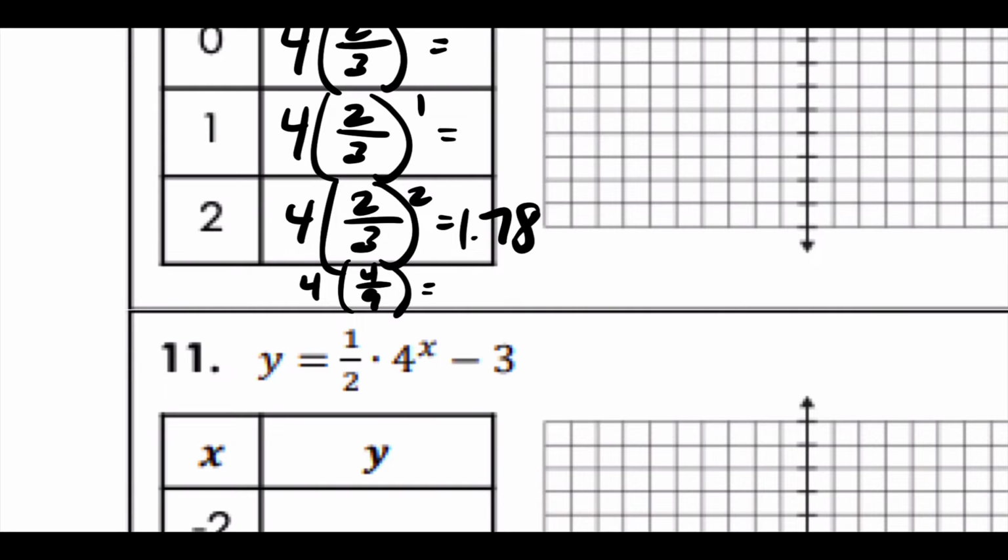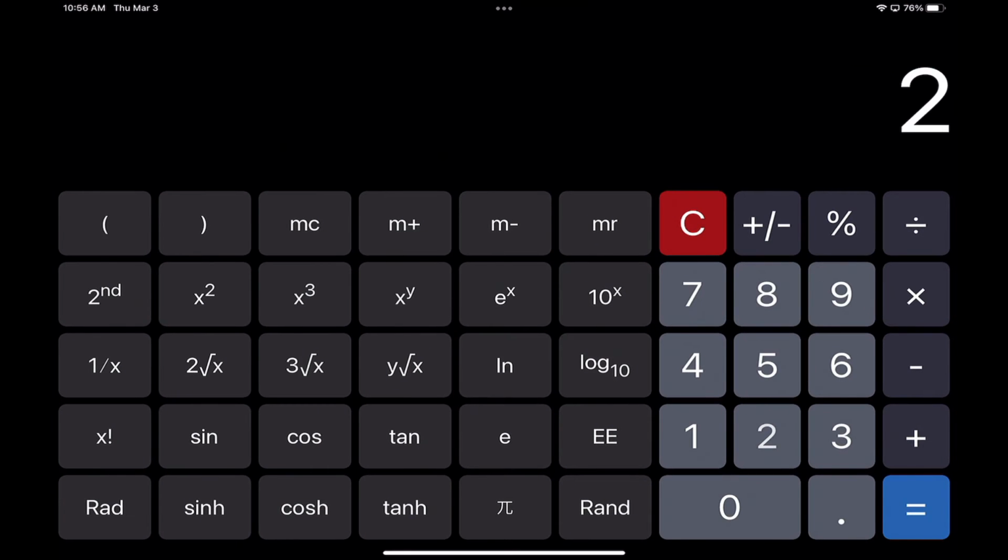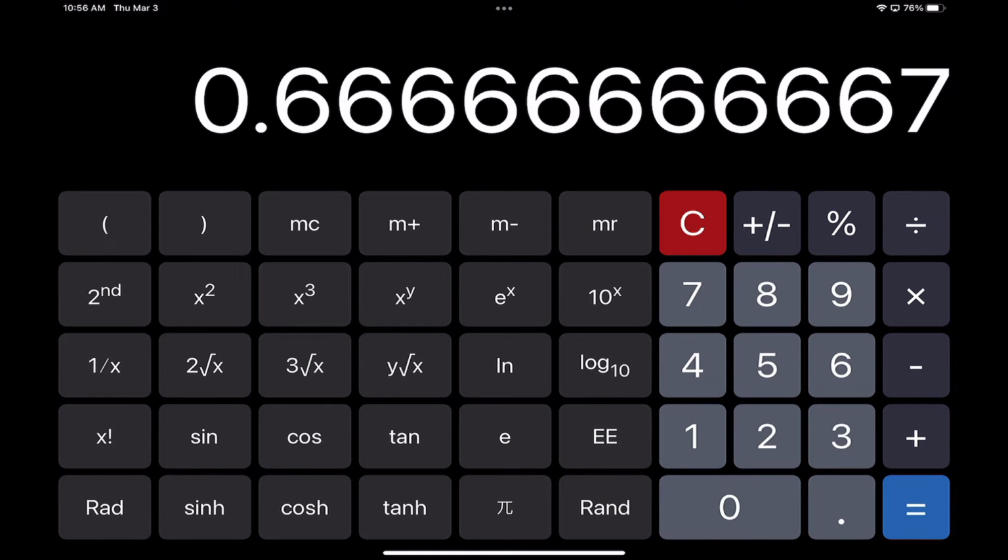What happens if I distribute a 1 to 2/3? Stays the same, 2/3, right? So now I'm going to go 2/3 times 4. Let me go back to my calculator. 2 divided by 3, 0.6666 forever and ever. The reason why there's a 7 at the end is because my calculator said I'm not going to write any more 6s.